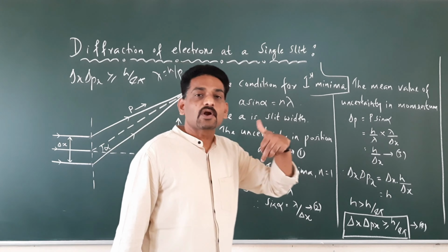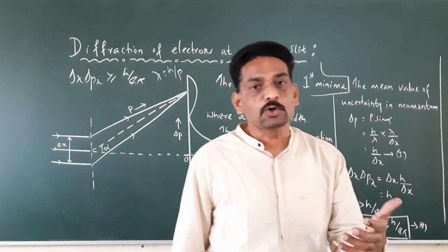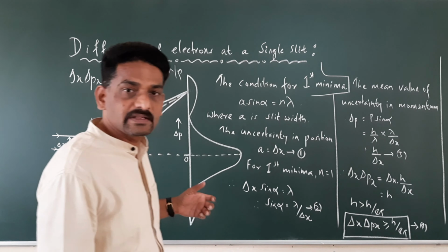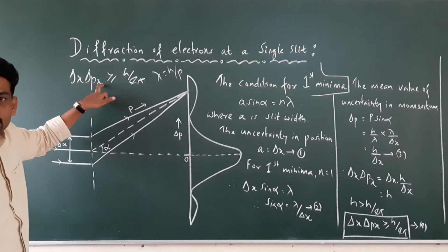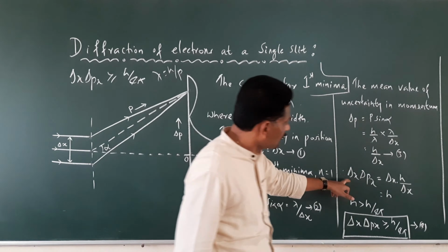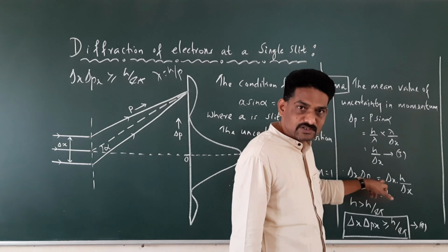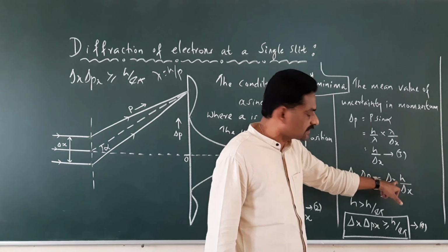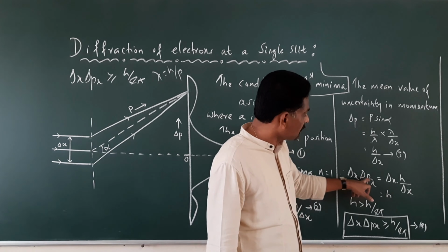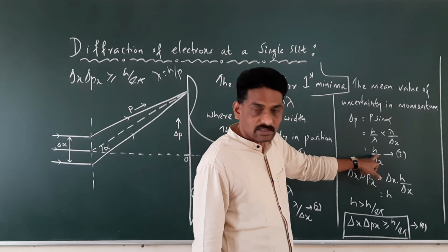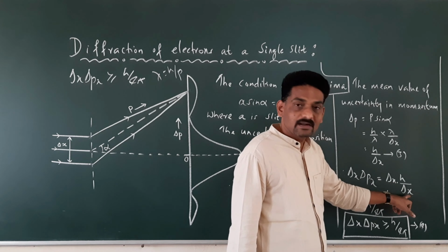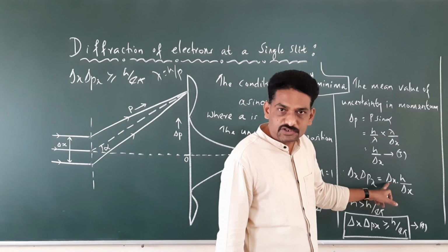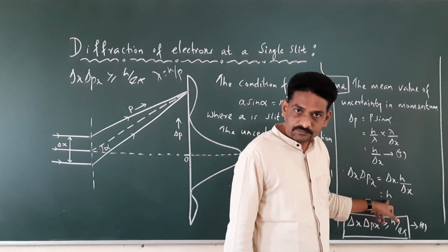In order to prove Heisenberg's uncertainty principle, we take the product of delta x and delta px. Delta x is taken as delta x itself, and delta px is taken as h divided by delta x from this equation. So this delta x and this delta x cancel each other. We are left with h.